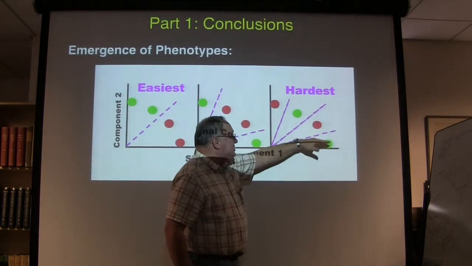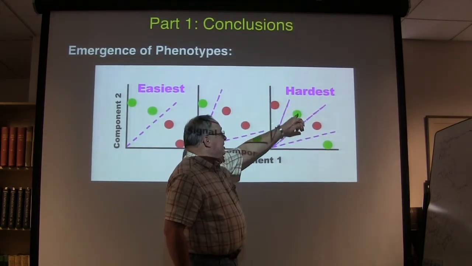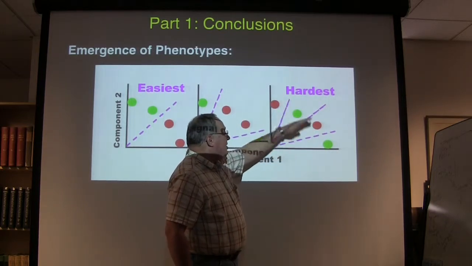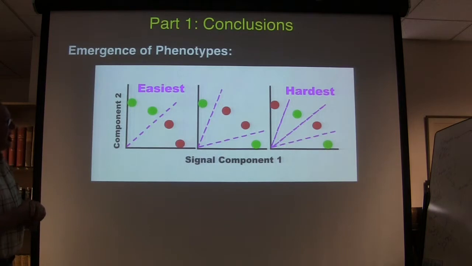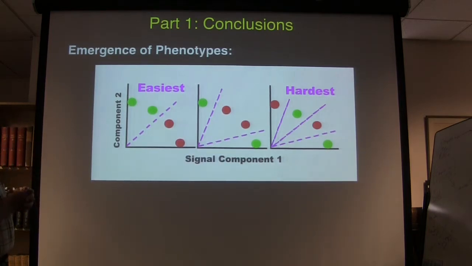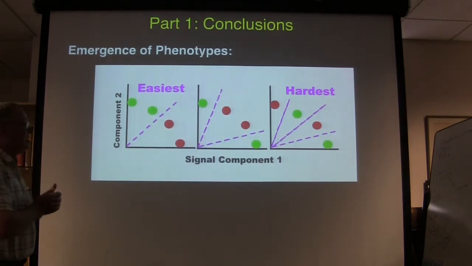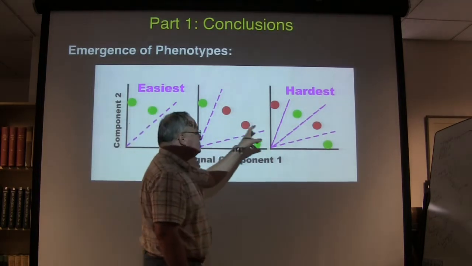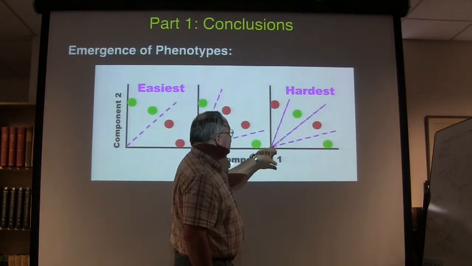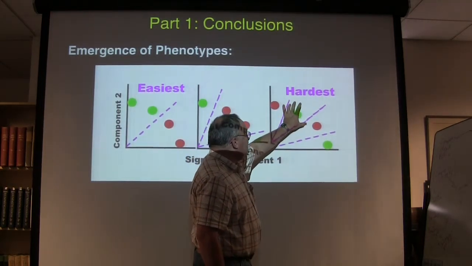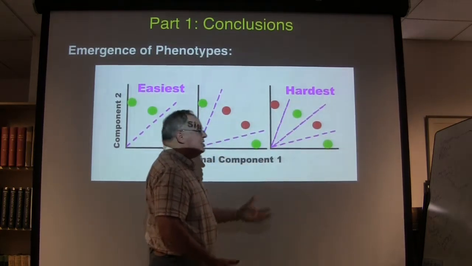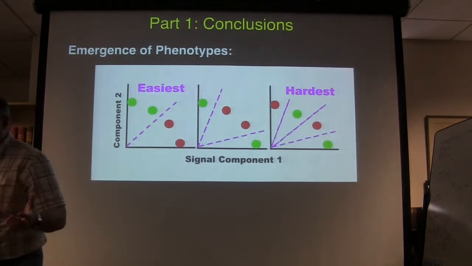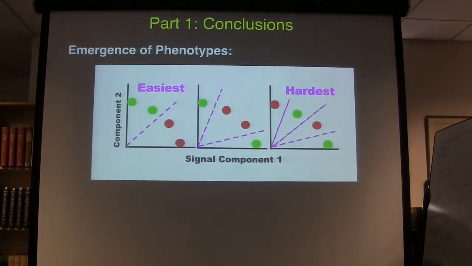And then the hardest is when the edible and inedible plants are organized so that you have to divide the space up into 4 different components if you want to be able to recognize good versus bad. In that situation, very often an individual will evolve to just accept things in here and another individual to accept things in here. So here's where you'll get specialists arising. It depends on how individuals are configured in that space.